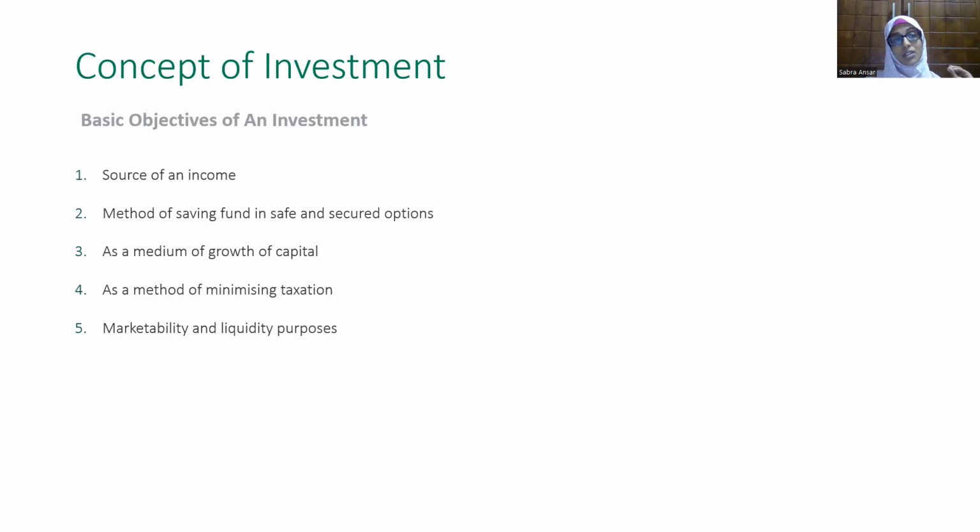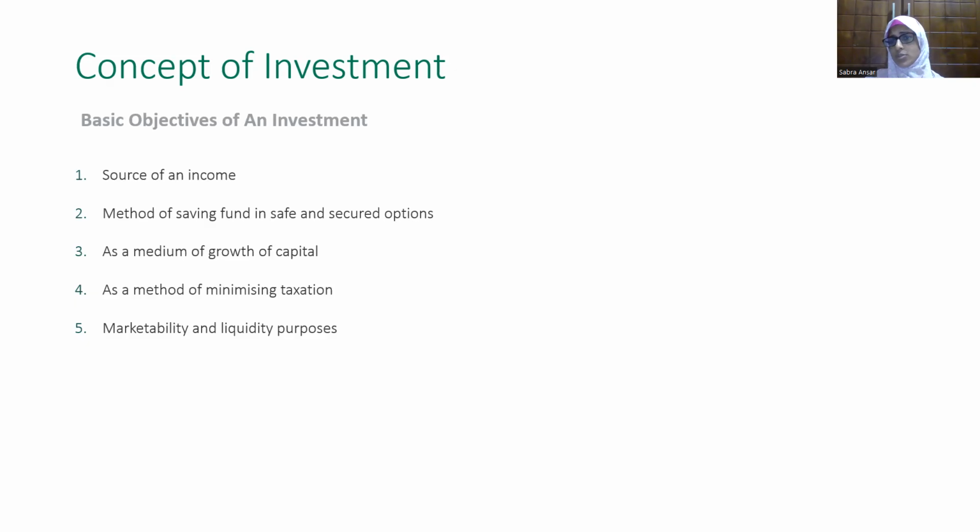So thereafter, another objective is a method of saving funds in safe and secured options. If we have extra money, before talking about a company, I just want to talk about an individual perspective so that everyone understands what I'm talking about.